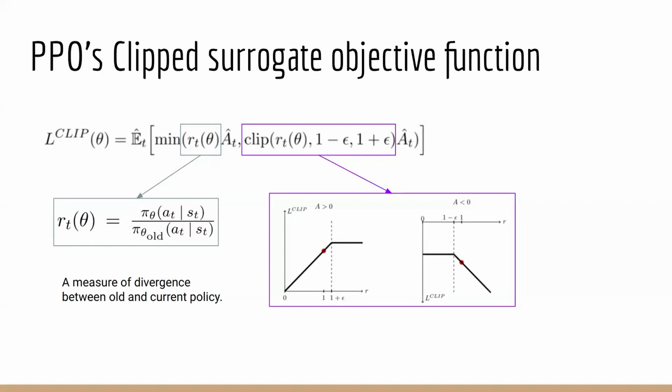As we can see, this ratio denotes the probability ratio between the current and old policy. If the ratio is bigger than 1, then the action A_t at state S_t is more likely in the current policy than the old policy. And if the ratio is between 0 and 1, then the action is less likely for the current policy than for the old one. So this probability ratio is an easy way to estimate the divergence between old and current policy.